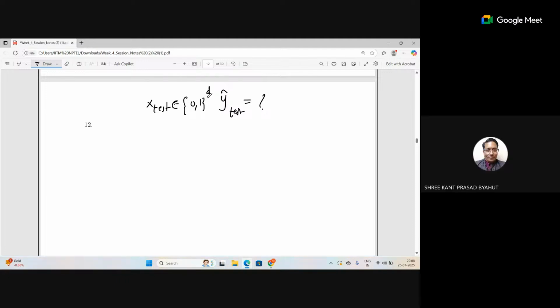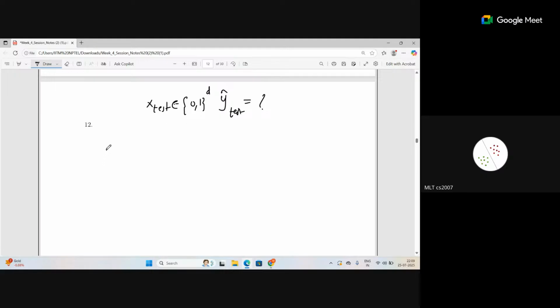It will have the d features again, because we are saying that the length of that vector has to be d, and each feature can take only two values, either 0 or 1. Yes, you can say that. Fine, right? But how do you do that now?